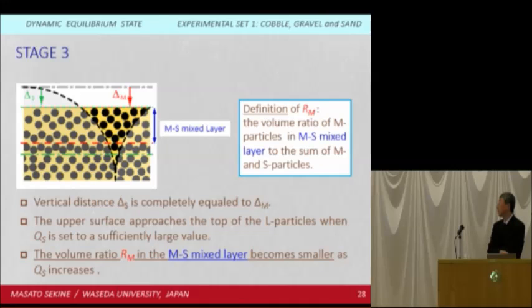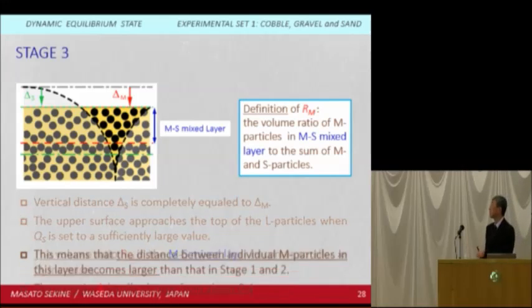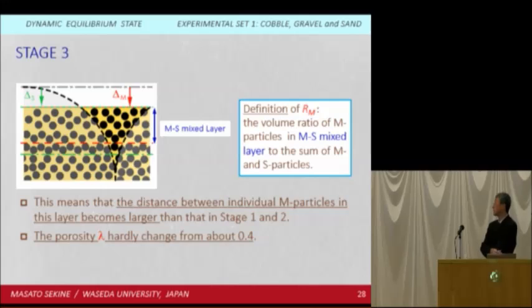The volume ratio of M, Rm, in this layer becomes smaller as Qs increases. This means that the distance between individual M particles in this layer becomes larger than in stages 1 and 2. But the porosity lambda hardly changed from about 0.4.